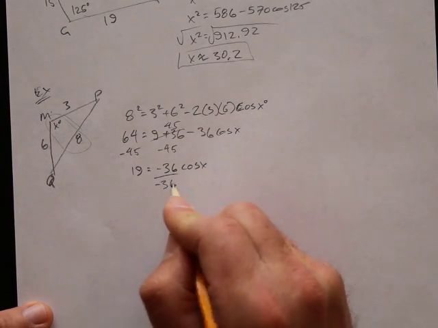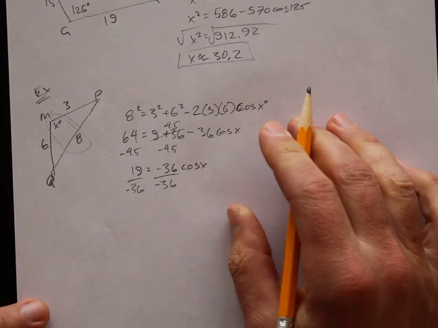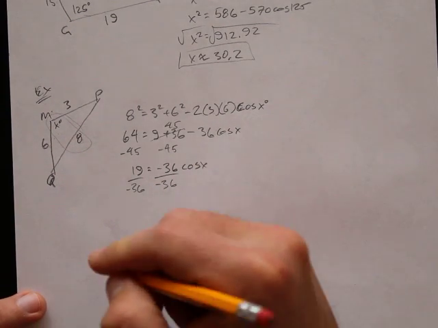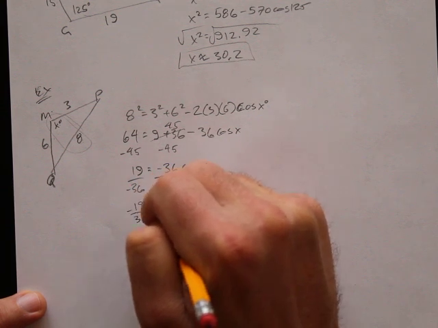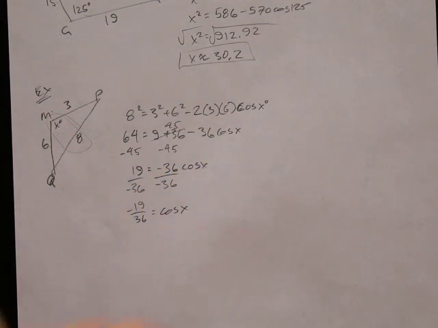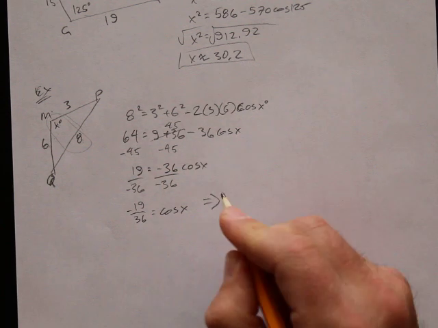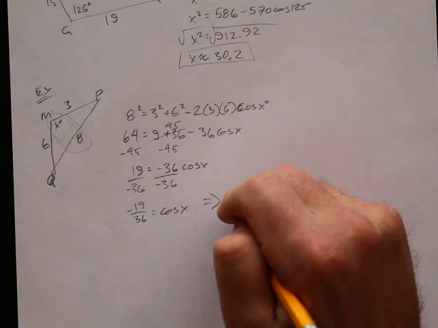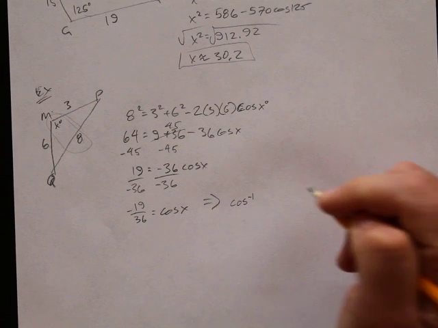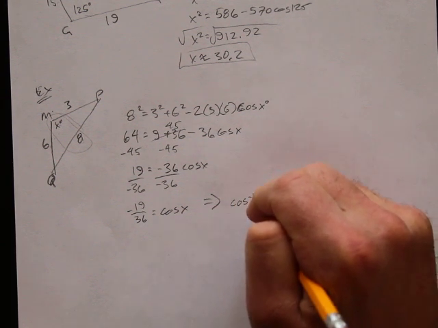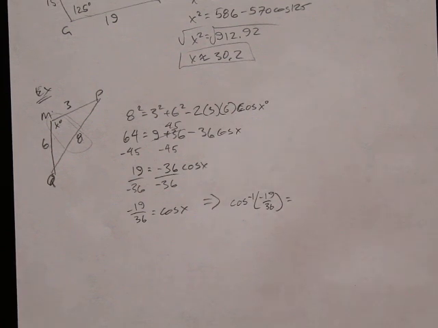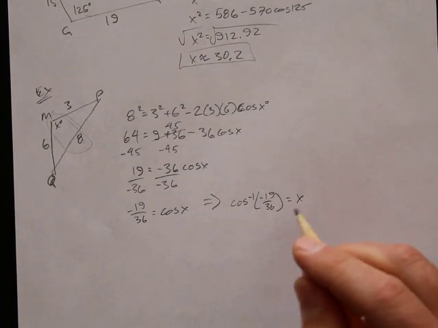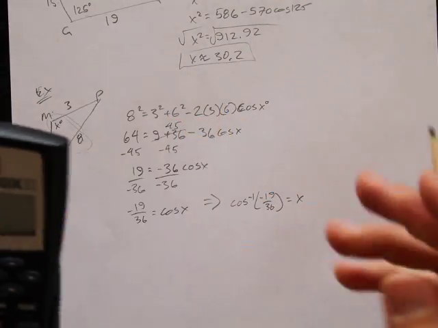Divide by negative 36. And so now I have this mess. Negative 19 over 36 equals cosine of x. Now this is what I do. I want to find the angle, so I take the inverse cosine of negative 19 over 36, and that's going to get me my angle measure. That's going to get me x. So I just plug that into my calculator.